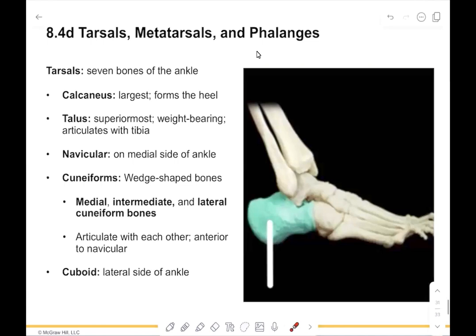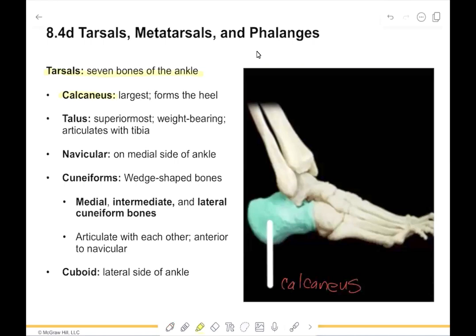On this slide, we can see the tarsals, and there are 7 bones of the ankle. The largest one is the calcaneus. And on the diagram to your right, the calcaneus is actually highlighted for you.